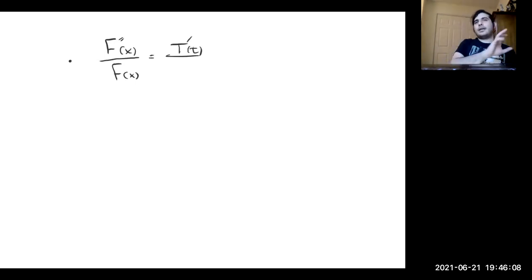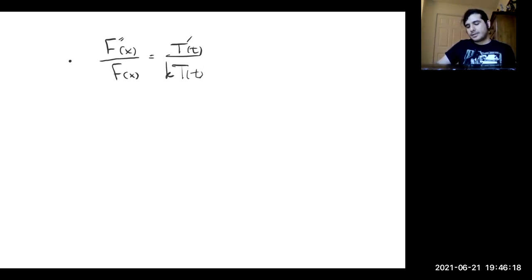There is no difference in the first few steps. So just like before, we get to the step where the second derivative of f over f is equal to the derivative of t. Note that on the left-hand side the derivative of f is with respect to x, and on the right-hand side the derivative of t is with respect to time t.